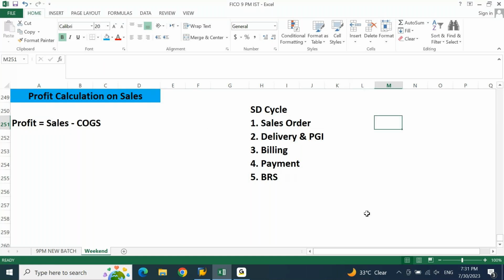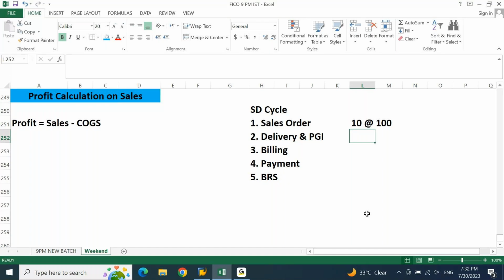Now, sales order, let's say 10 at the rate 100 is the order. When I'm talking about sales order, 10 at the rate 100, I mean to say 10 quantity at the rate 100 each you have to deliver to the customer.